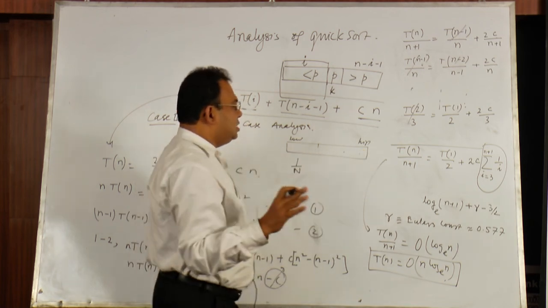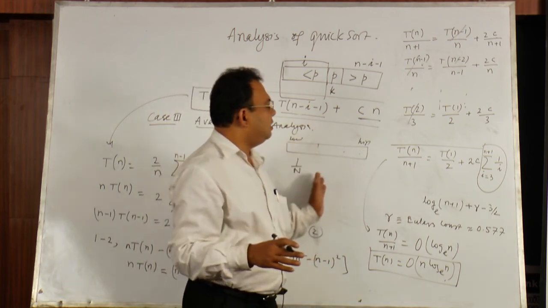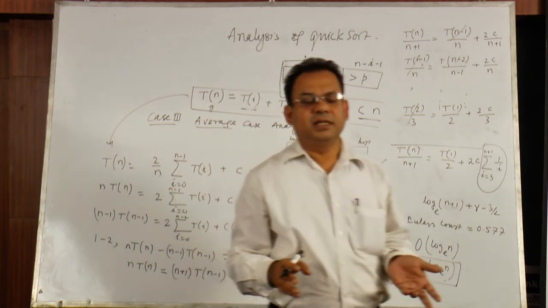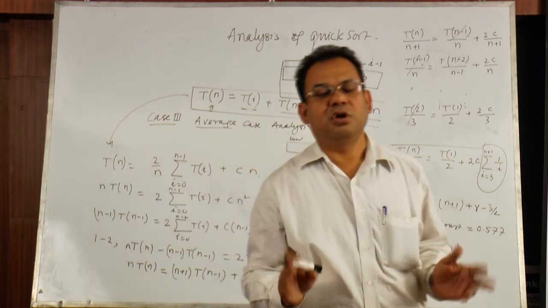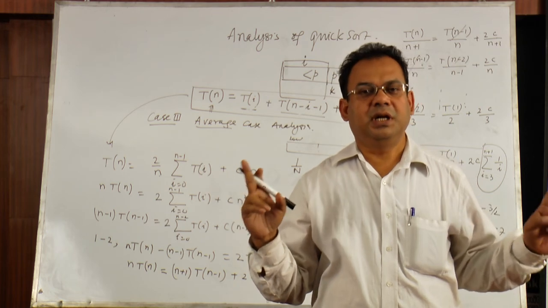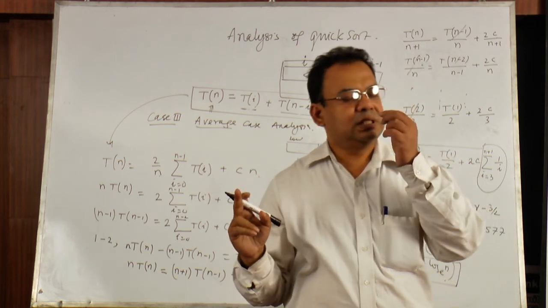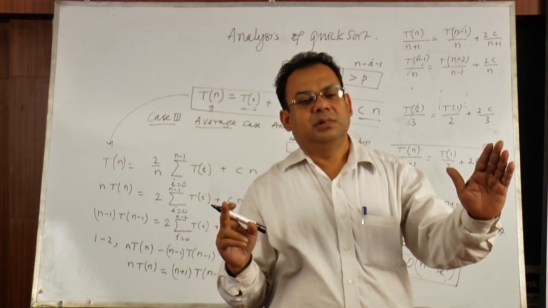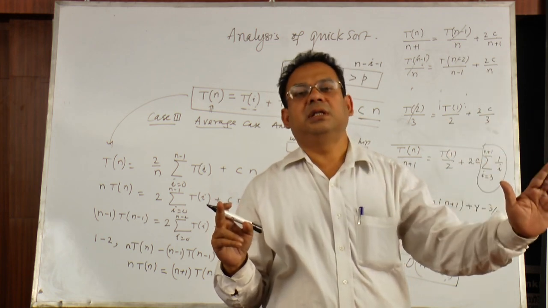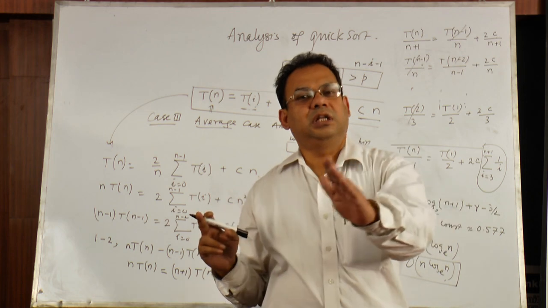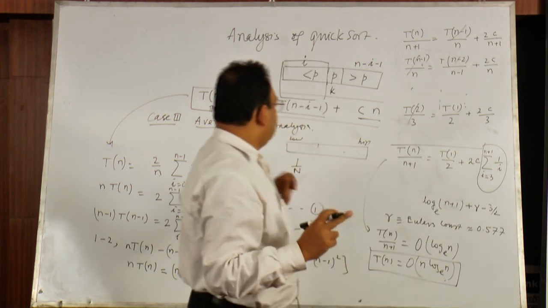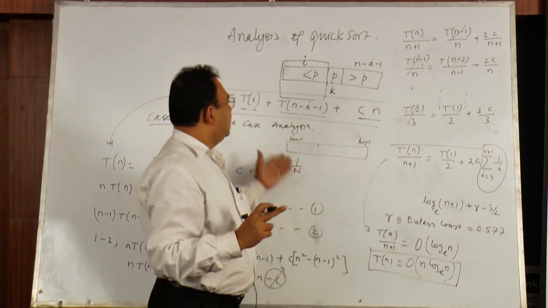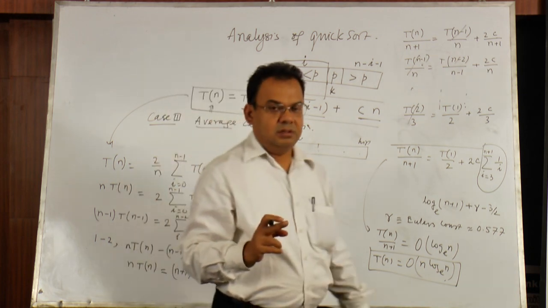So, in that case it is sure that all possible sub arrays are equally likely. There is no bias, because we are selecting the initial pivot position randomly, from the beginning, that is low, till any position up to high. So, in that case we can ensure that this average case will occur.